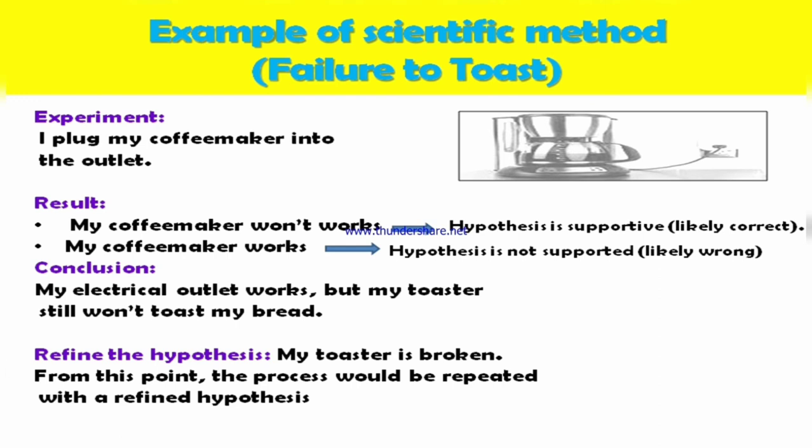So I refine the hypothesis: my toaster is broken. From this point, the process would be repeated with the refined hypothesis. This refining of the hypothesis or repetition of the whole process is called iterate.